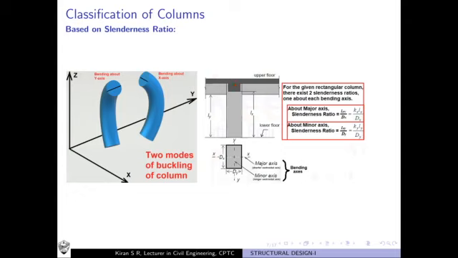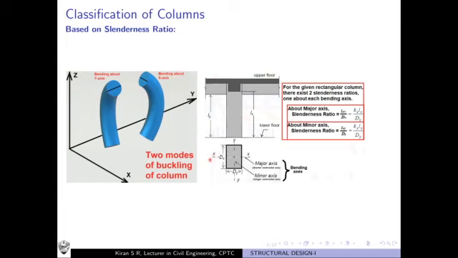So what is the actual length, or the unsupported length, if we consider bending about the major axis? We have to define the slenderness ratio about both axes, and that is exactly what we are going to do. Let us consider the column is bending about the xx axis, like this.